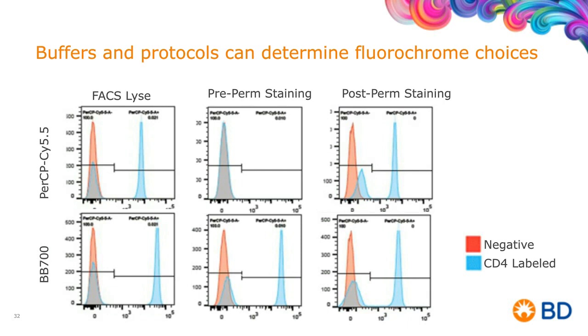And then if we look to a post-perm stain, you can see a couple things here. You can see the stain index collapse a little bit on the CD4 with Percy-P because of the negative population getting a little broader and then moving to a different mean channel.